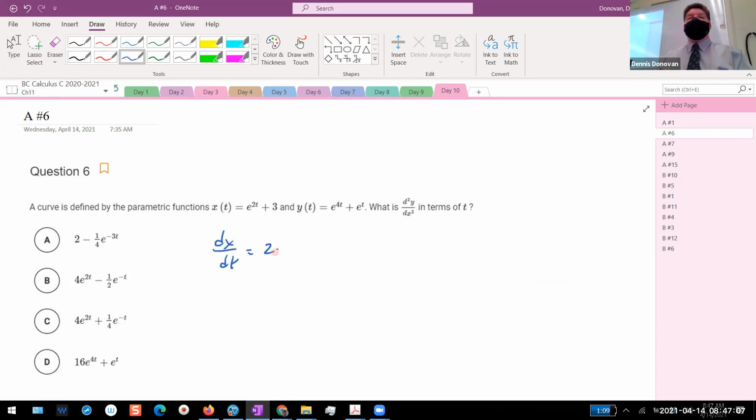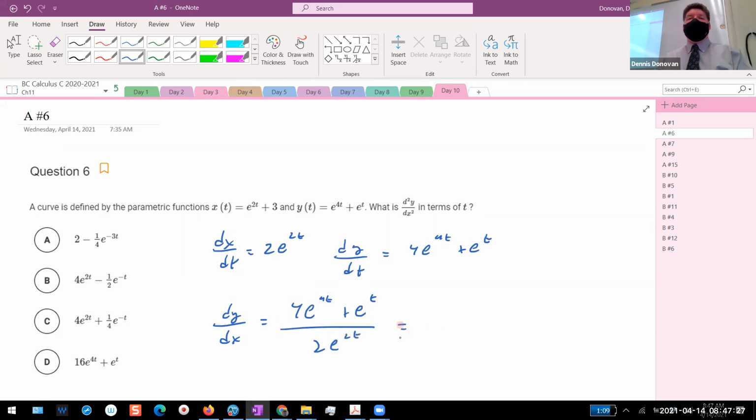So dx/dt is 2e to the 2t. dy/dt is 4e to the 4t plus e to the t. So dy/dx is 4e to the 4t plus e to the t over 2e to the 2t. That can simplify. We get 2e to the 4t minus 2t plus 1/2 e to the t minus 2t, so that's negative t, right?